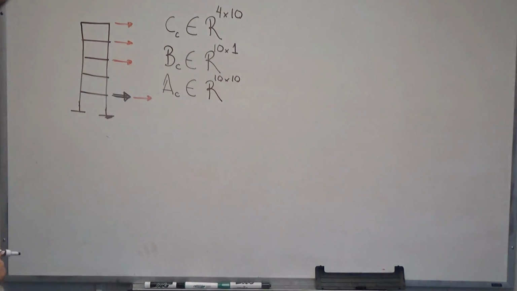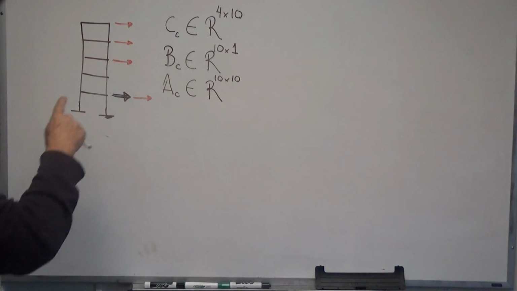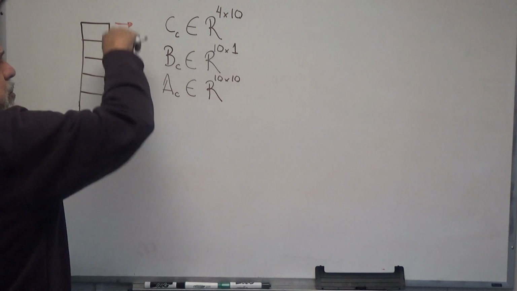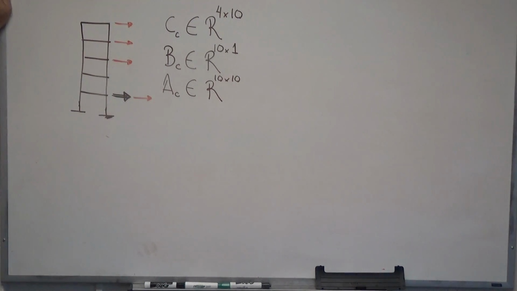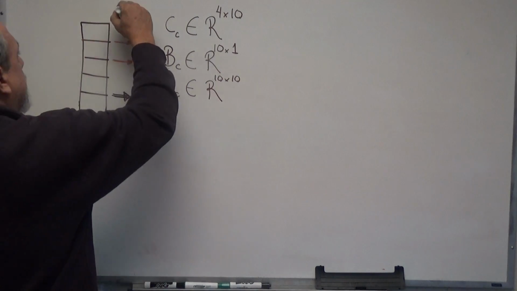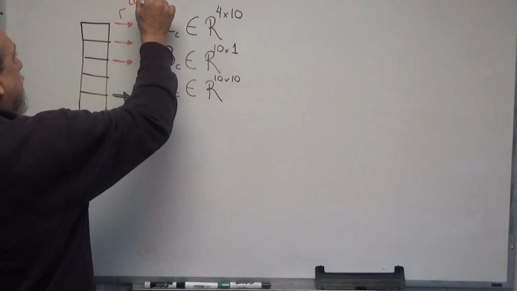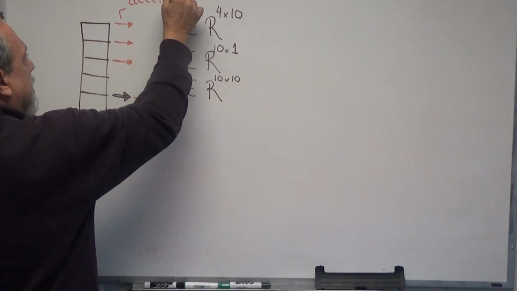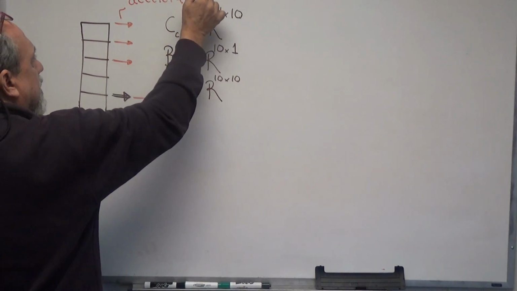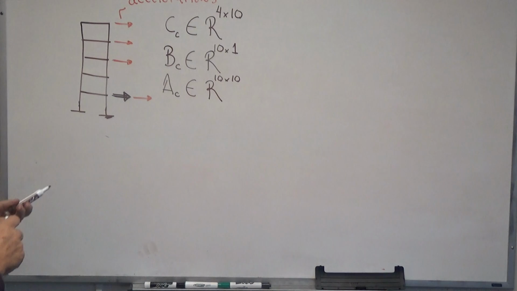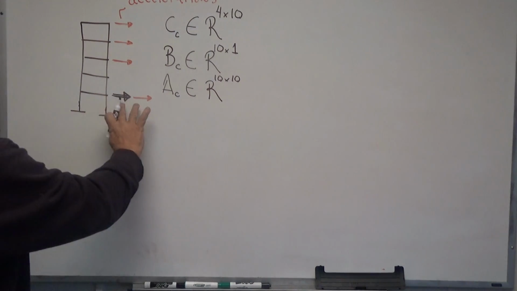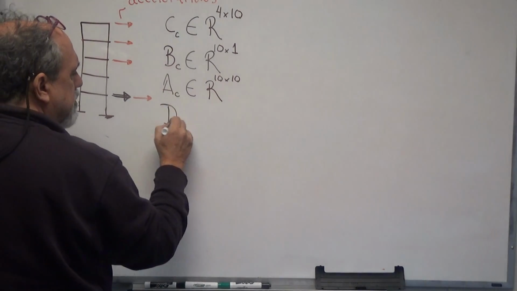And would there be a D matrix? Well, that depends on whether these are accelerations or displacements. Let's say, to throw a little twist, that they happen to be accelerations. So if they were accelerations, then we would have a D matrix because there would be a collocation here, right?